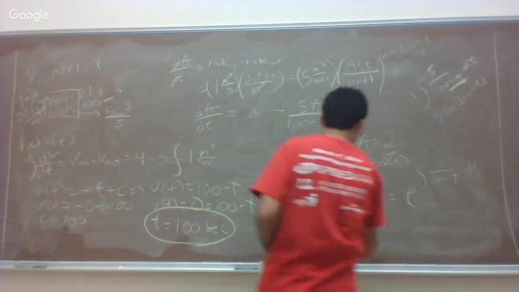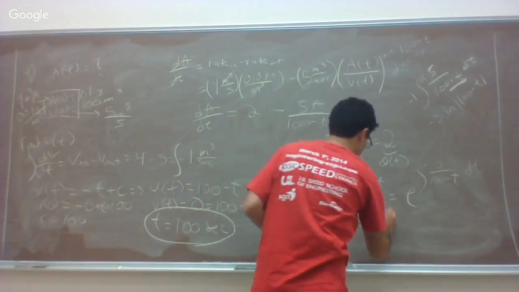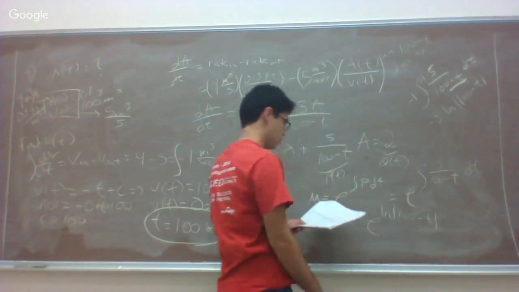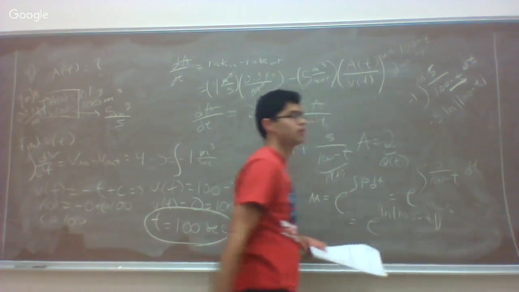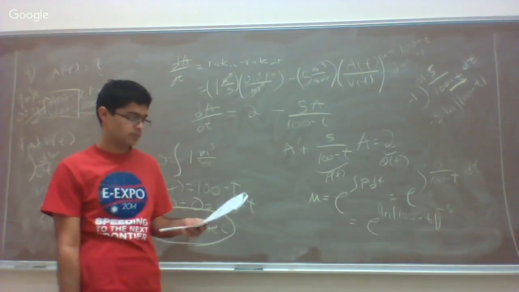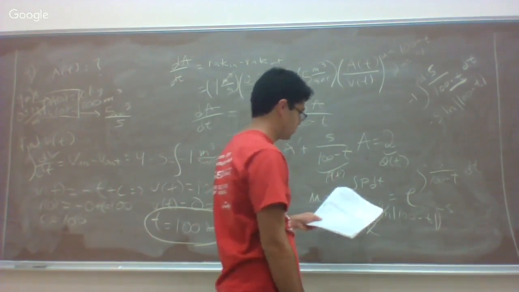So this right here is equal to e to the natural log of 100 minus t, and then I bring the negative 5 up as an exponent, because we can do that with natural logs. The e and the natural log cancel out.